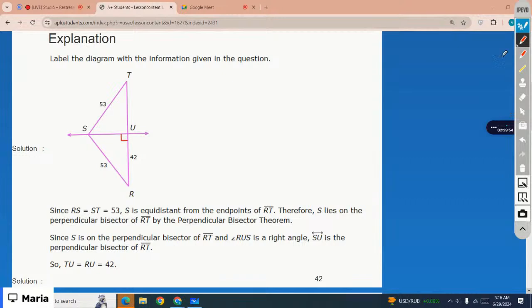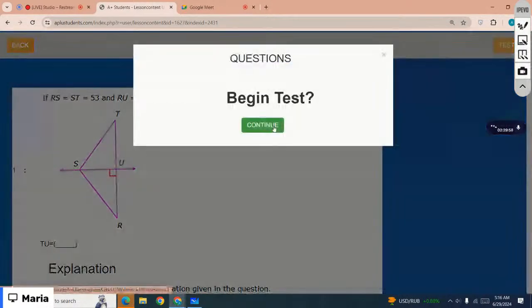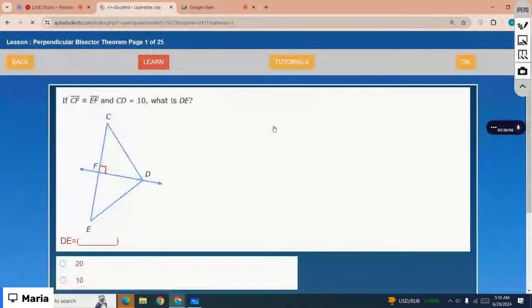Let's just start with the test questions. If CF is congruent to EF and CD equals 10, what is DE?